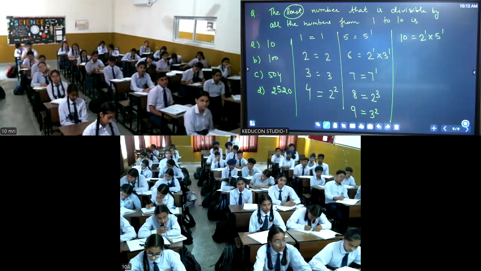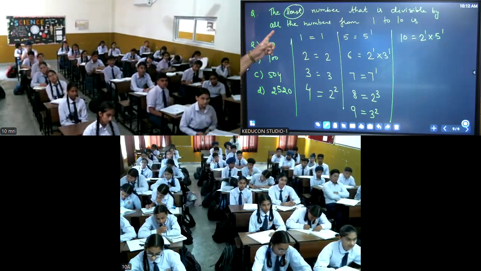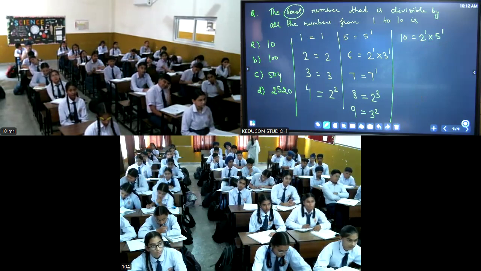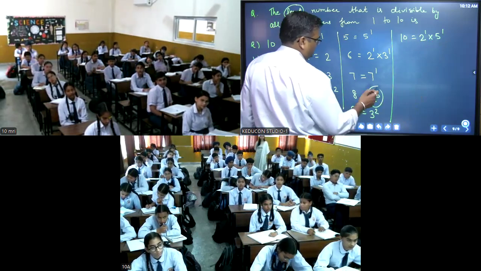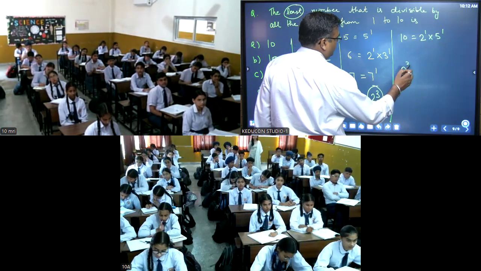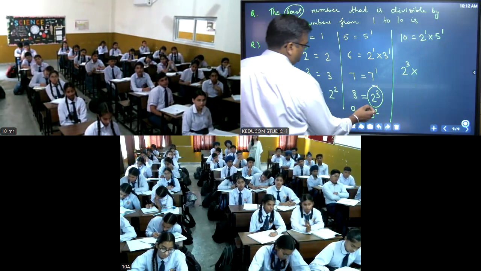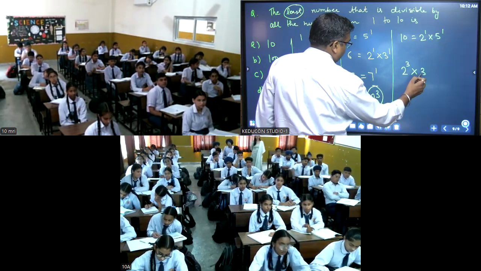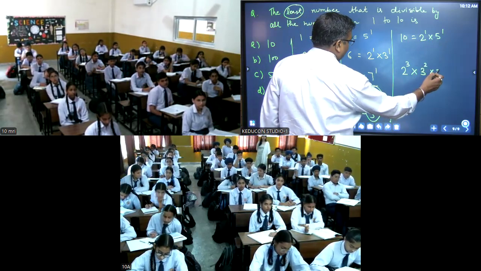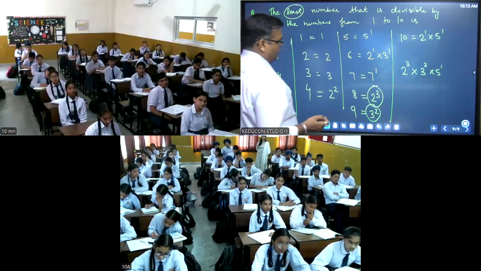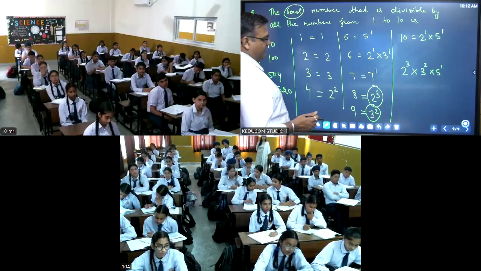Is it clear? Yes. What is the highest power of 2? 3. What is the highest power of 3? 2. What is the highest power of 5? 1. What is the highest power of 7? 1.